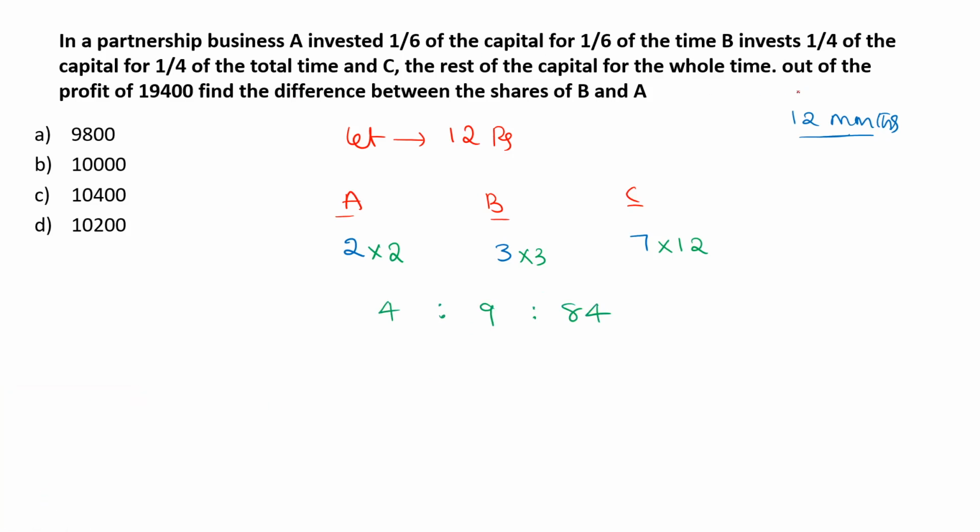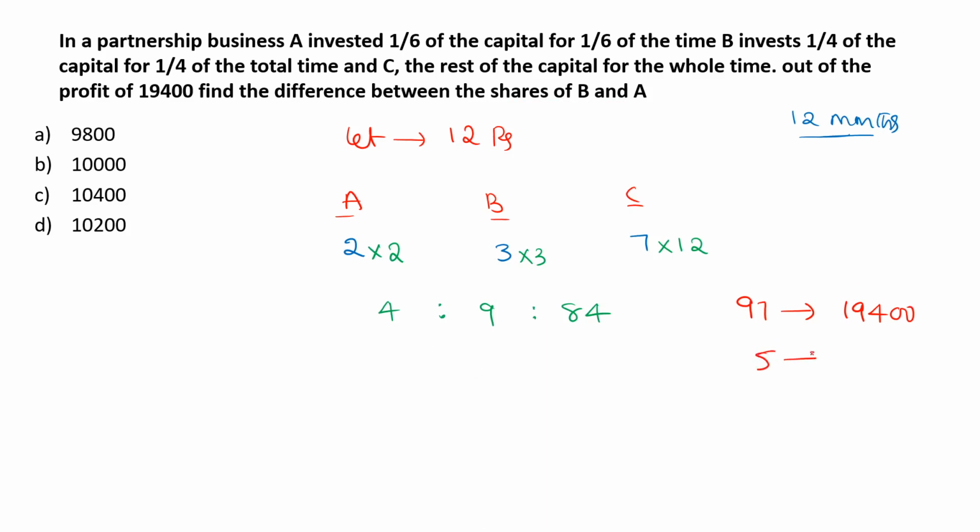Okay. Out of the profit of 19,400, we need the difference between the shares of B and A. The total profit is given as 19,400. Then compare this 4 plus 9 plus 84, that means 97, with 19,400. The value of 97 units would be 19,400, and we need to find the difference between the shares of B and A. The difference is 5 units according to the ratio.